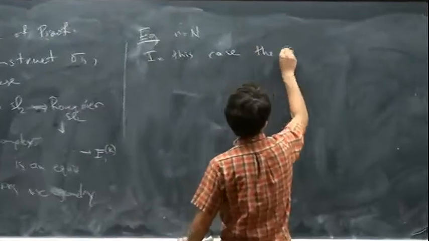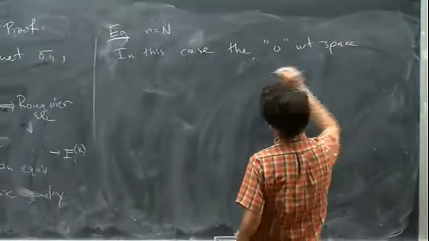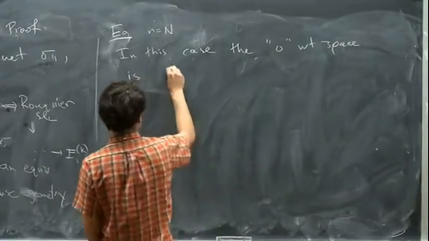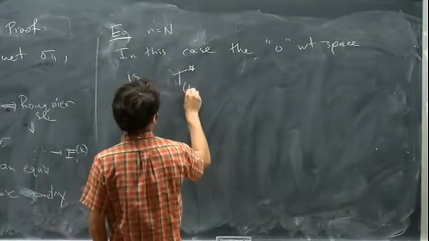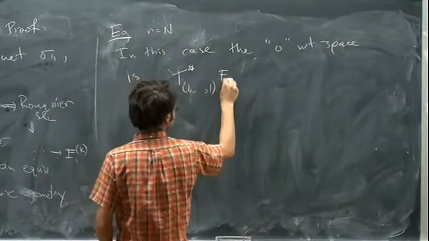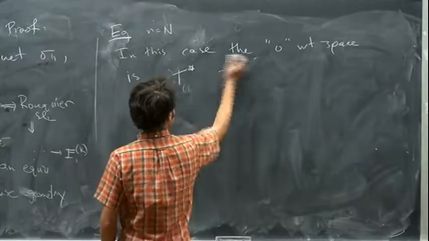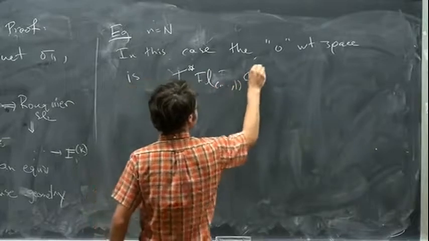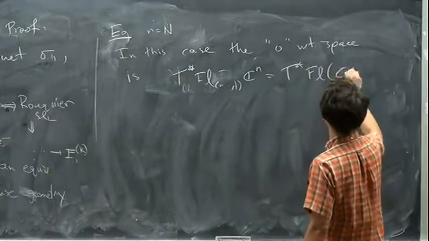In this case, the zero weight space of the categorical representation is the cotangent bundle of the flags (1,1,1,1,1) in C^n, which is also known as the full flag variety of C^n.